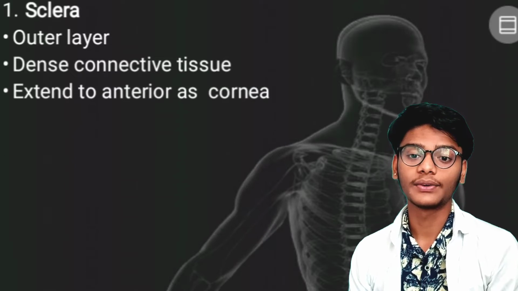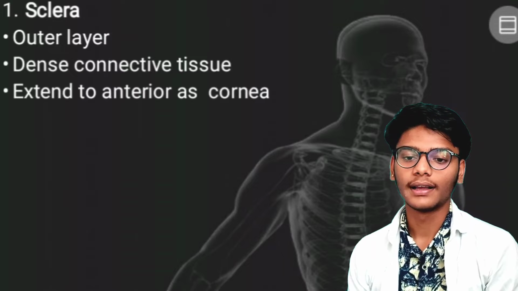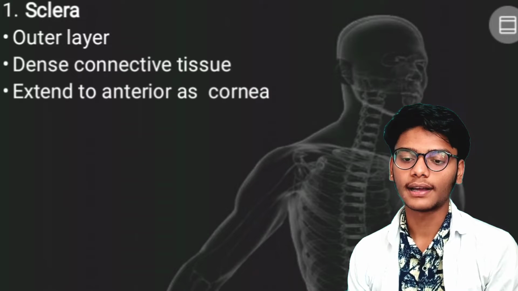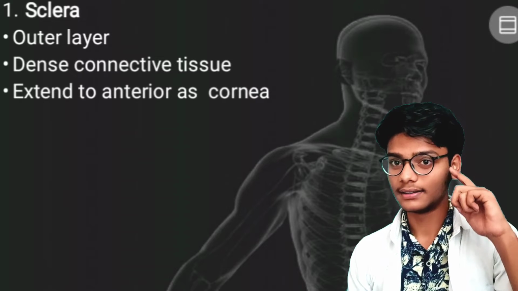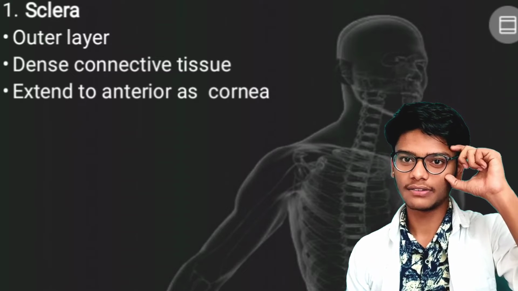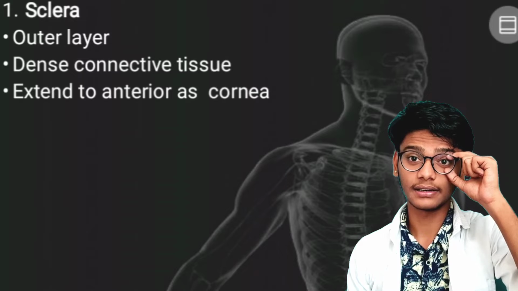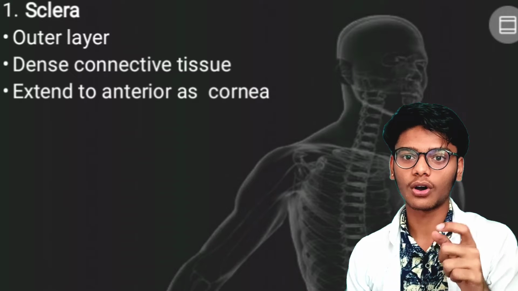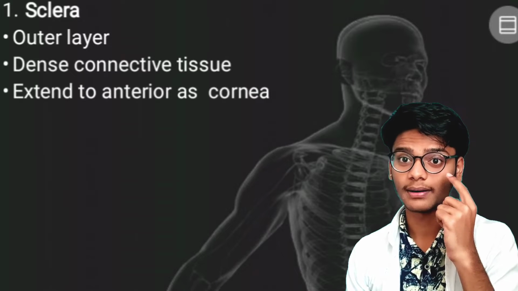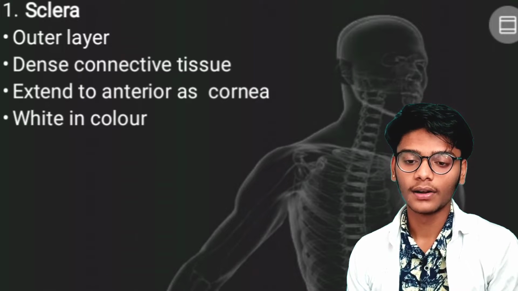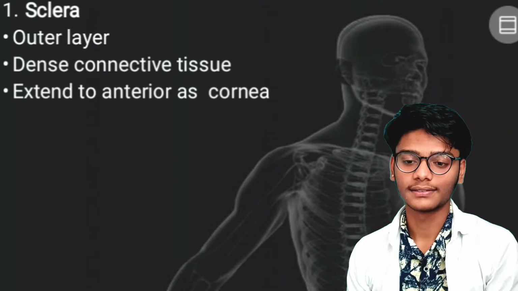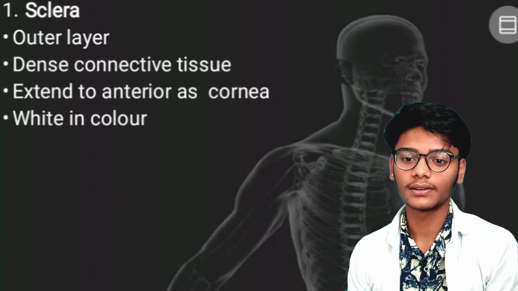Remember this: the sclera extends to the anterior as the cornea. From the backside it extends till the front and forms the cornea. It is white in color.